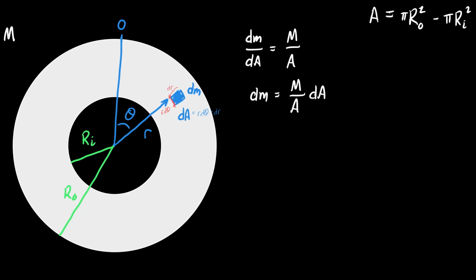And for the time being, just so it's not so cumbersome, I'm just going to leave A in there, and then I'll plug that whole pi r outer squared minus pi r inner squared thing in later. But I will have to replace dA with r d theta dr. So dm equals m over A r d theta dr. All right, I think I've done all the major heavy lifting now.